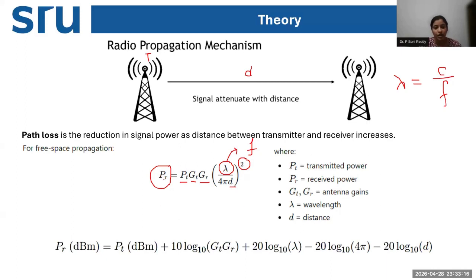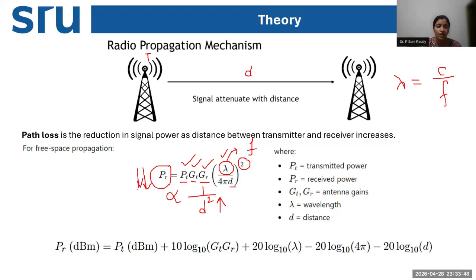That means received power is directly proportional to the transmitted signal power, transmitter antenna gain, receiver antenna gain, and it is directly proportional to the square of the wavelength of the transmitted signal. But it is inversely proportional to the square of the distance between the transmitter and the receiver. That means the more the distance between the transmitter and the receiver, the less is the received power.